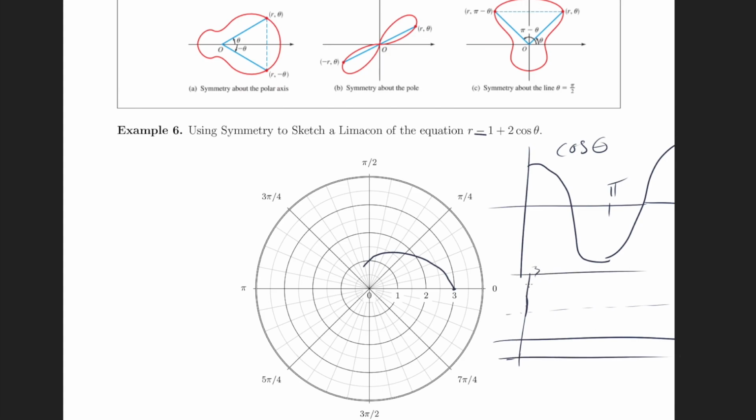It's going to come in, go down, come up, still bottom out at pi, right? And then come back in. So it's going to look like this. It comes in, comes around, and then here it becomes negative and then comes in here, right?